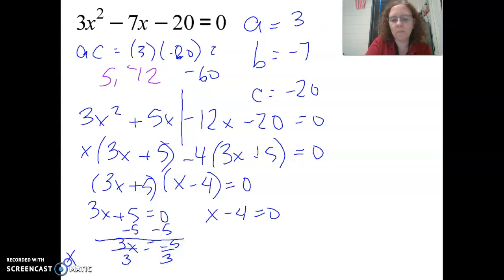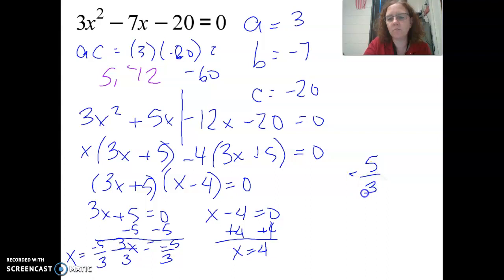All right, so on this one, I'm a little bit out of space. X equals -5/3. Now on this one, I'm going to add 4 on both sides. X equals 4. So I get two answers. -5/3 is one of my answers, and 4 is the other one. All right, when my exponent is a 2 right here, that tells me I should get two answers, and I did. 1, 2.